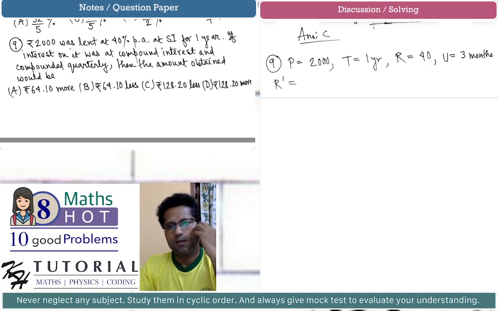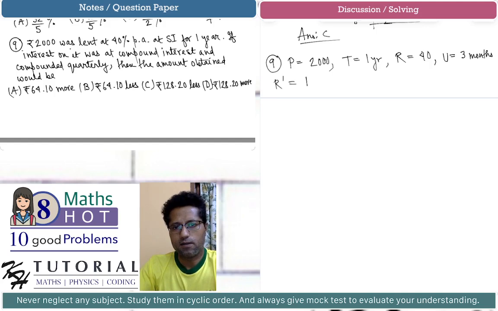Now since t is 1 year, let's see, r dash is r u by 12. This is equal to r, u is 3 months, so this is r by 4.